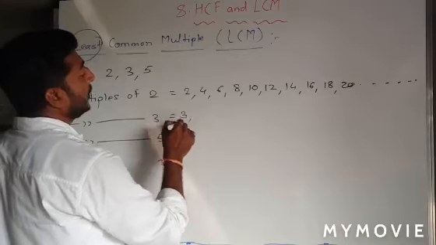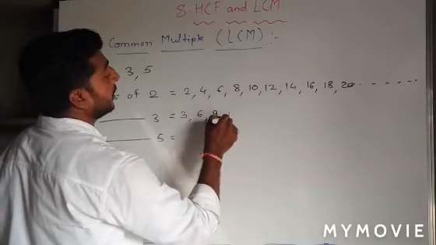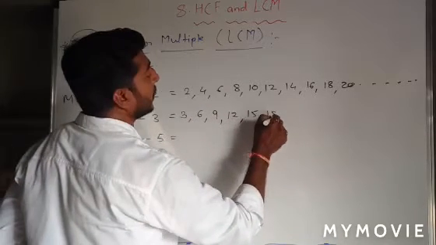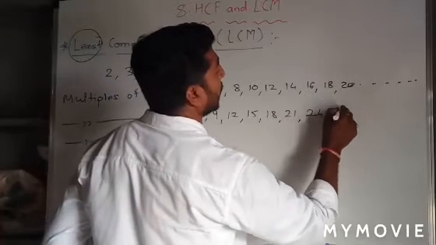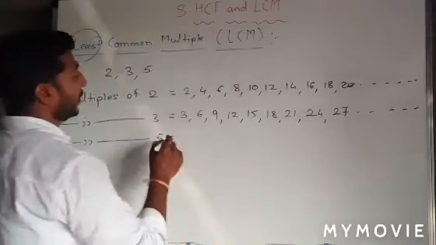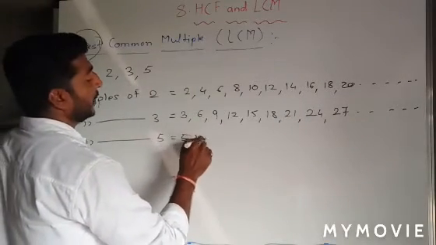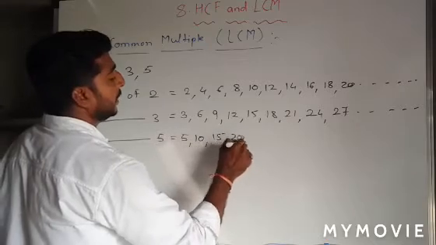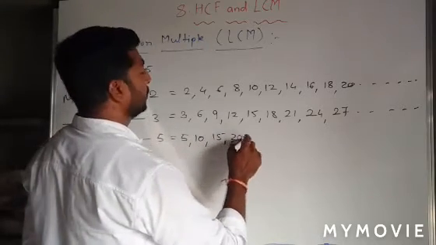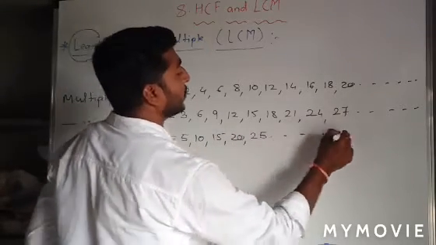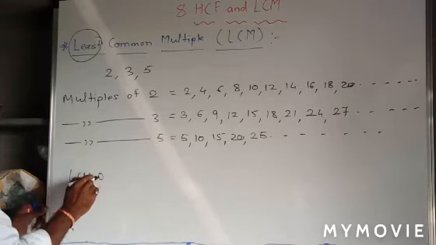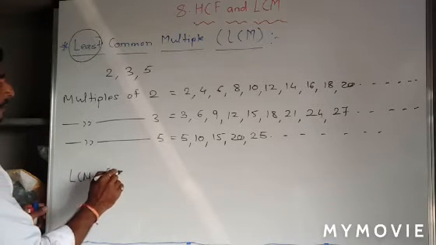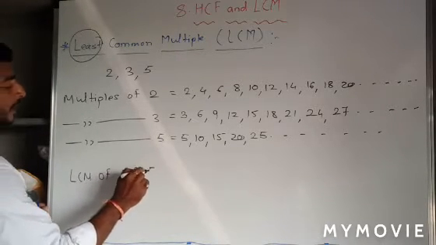Then here 3, 6, 9, 12, 15, 18, 21, 24, 27 and so on. Here we will take 5, 10, 15, 20, 25 and so on.